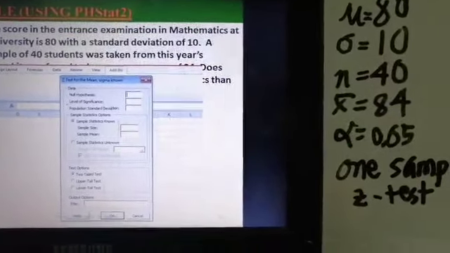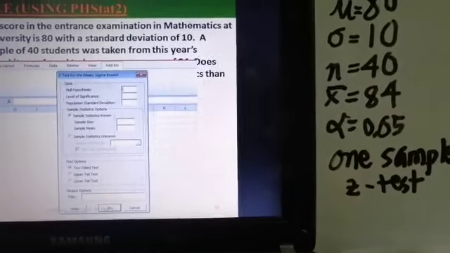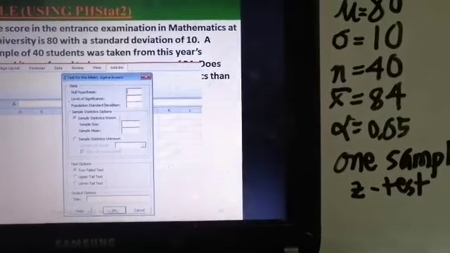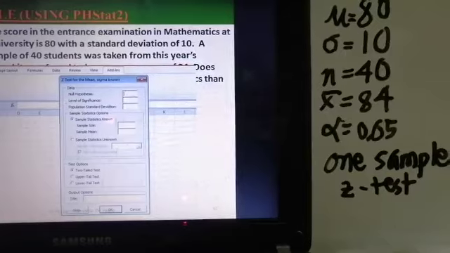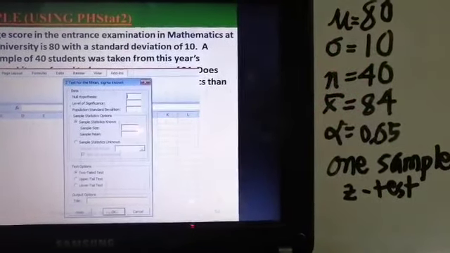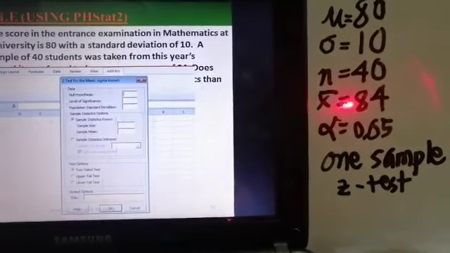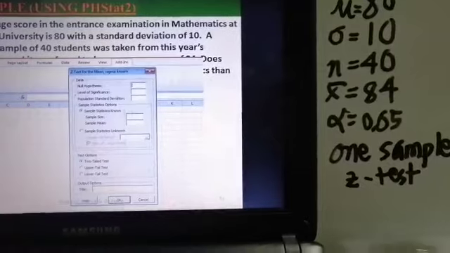For the level of significance, obviously alpha is 0.05. Population standard deviation, sigma, is 10. For the sample statistics, the sample size is 40 and the sample mean is 84. And we are using a two-tailed test in our first example.